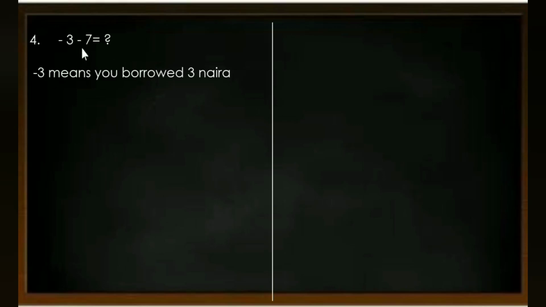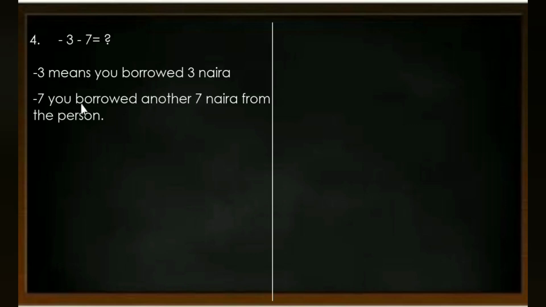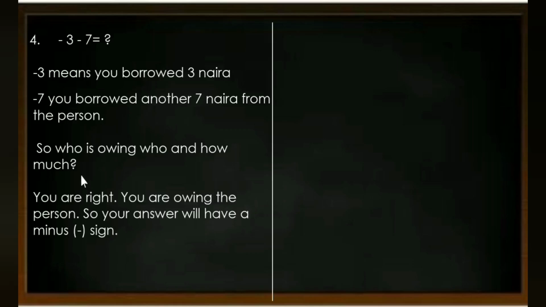We have minus 3 minus 7. We've already established that minus means you have borrowed or you are owing. Now you have borrowed, minus 3 means you have borrowed 3 naira. Minus 7 means you borrowed another 7 naira from the person. So who is owing who and how much? Your guess is as good as mine.